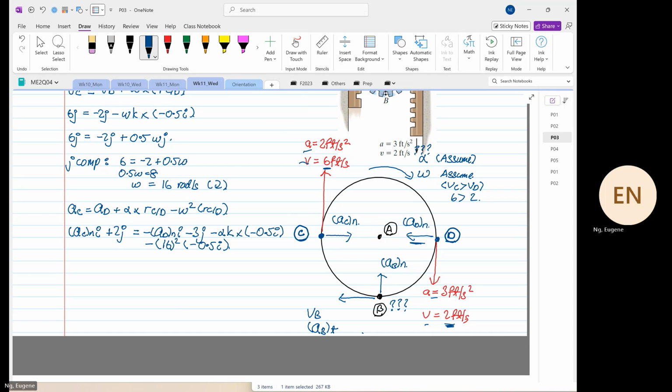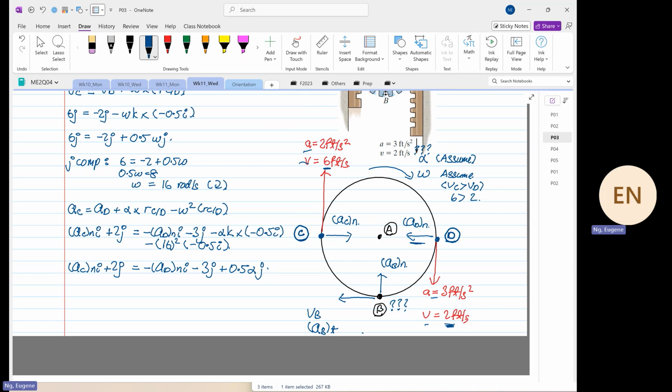Now we're going to write this out. So this is equal to ACN I plus 2J. We don't know our ADN yet. Minus 3J. Now, K cross I is positive. Minus minus, so plus 0.5 alpha J. And then the last component, I nearly forgot.